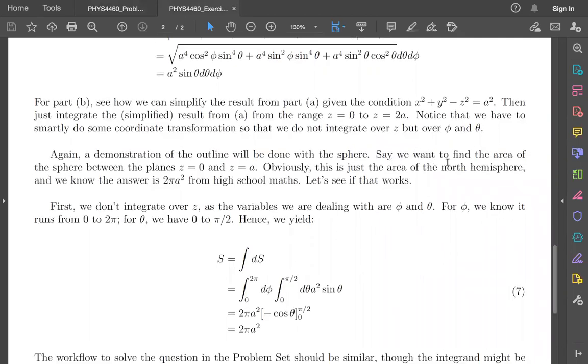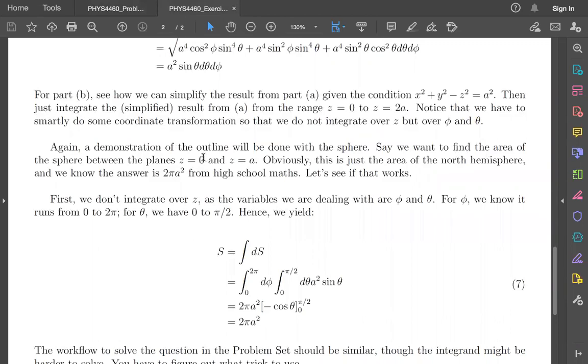Now let's say we were trying to find the area of a sphere between the plane z equal to 0, which is actually nothing but the xy plane, right? And z equal to a, okay? So this is the xy plane, but it is moved along the z-axis up to a.